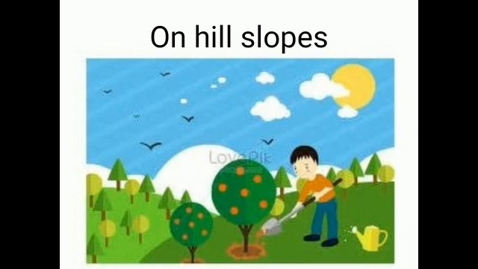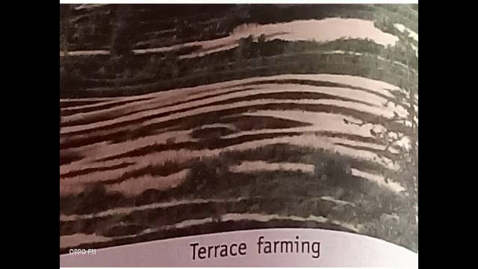Steps slow down the flow of water. As the water flow slows down, some soil from one step is left on the next step, reducing the amount of soil lost. Dear students, afforestation, or growing trees, is another effective method of soil conservation on hill slopes.